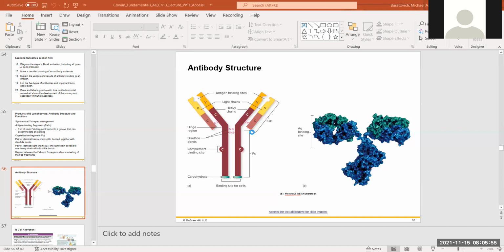Now, let me say something about isotype switching. Isotype switching is a messy process. The cell makes a lot of mistakes as it pulls out that piece of DNA, picks the other constant region, and smushes it next to the variable region with the diversity region and the joining region.